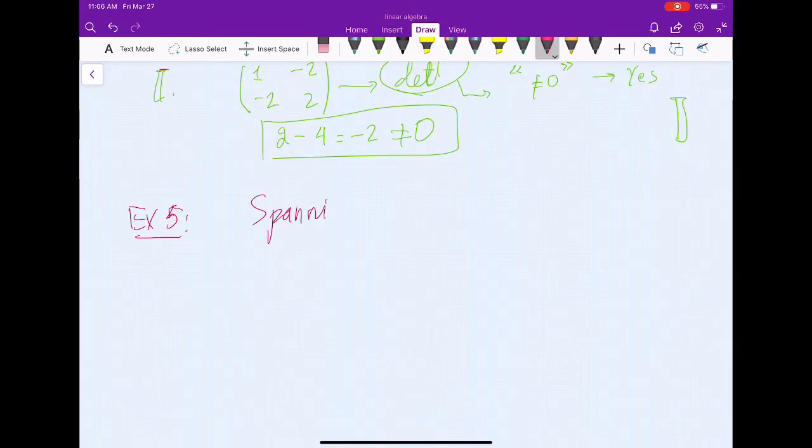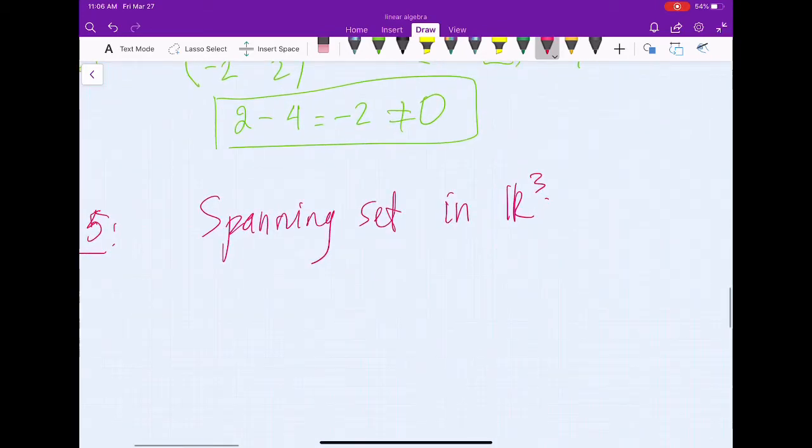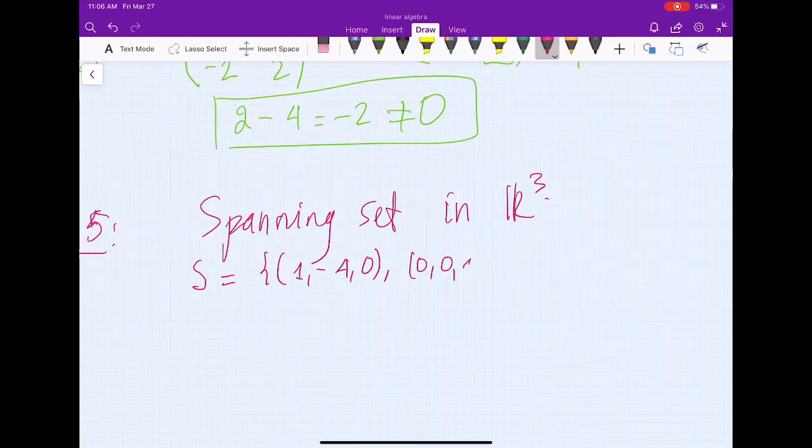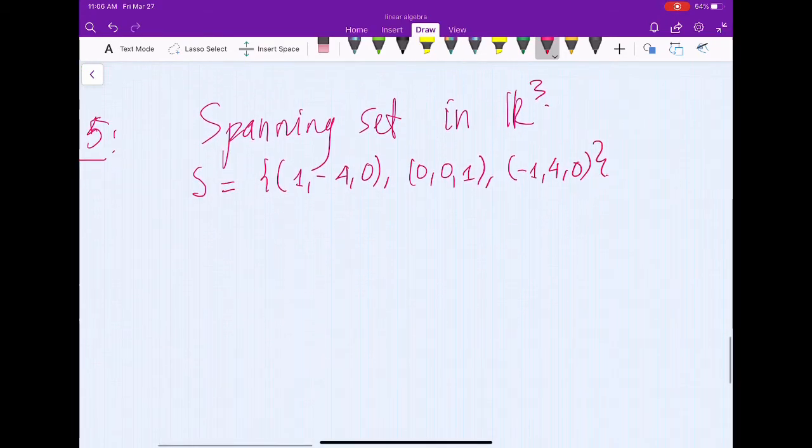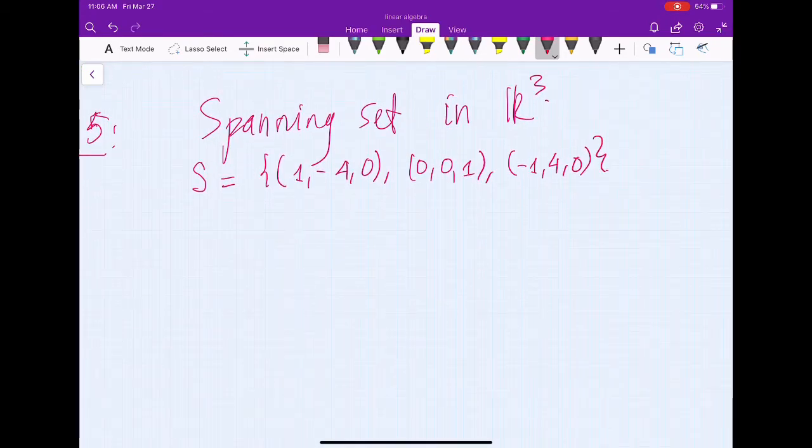Spanning set in R3. Okay, so you have set S: (1, -4, 0), another one is (0, 0, 1), and (-1, 4, 0). You do similar steps like the previous example.